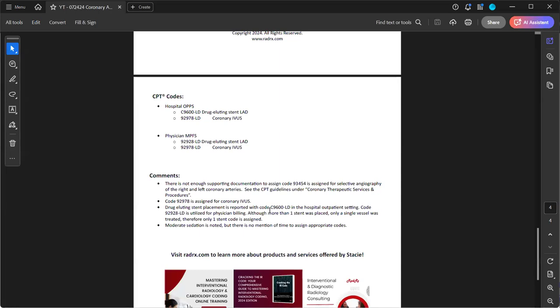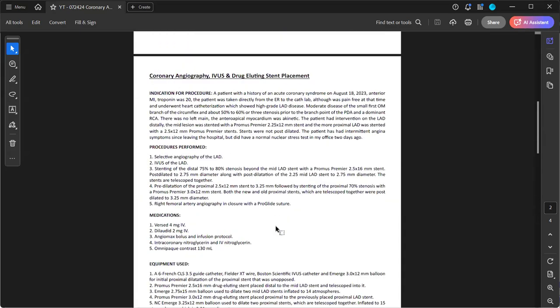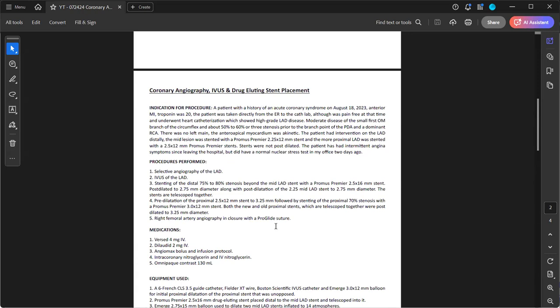Another point I will make, talking about looking elsewhere in the medical record, going back to us not assigning the 93454 for the coronary angiography. As I mentioned in the beginning of this report, we don't have anything in the history that supports us being able to code separately for that angiography. But you could go back and also look at a consultation note, where the cardiologist may have seen the patient in consultation prior to this procedure occurring.